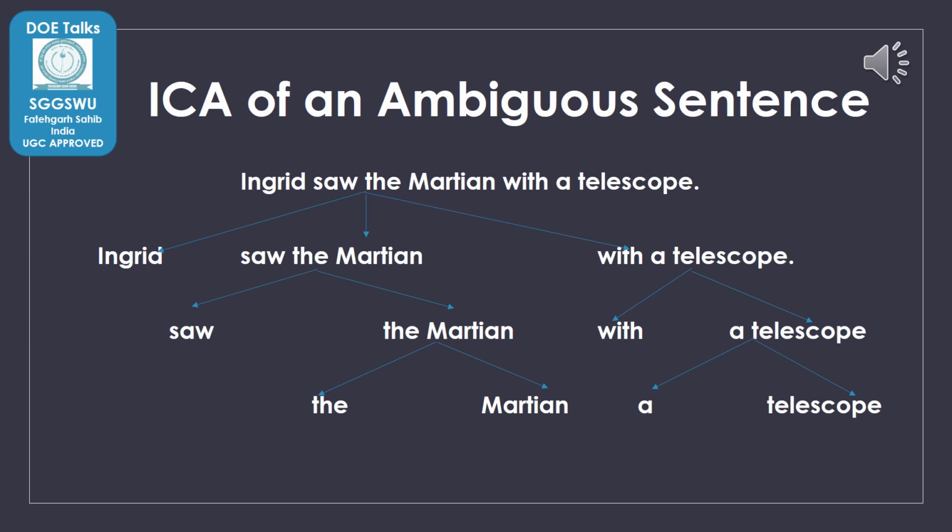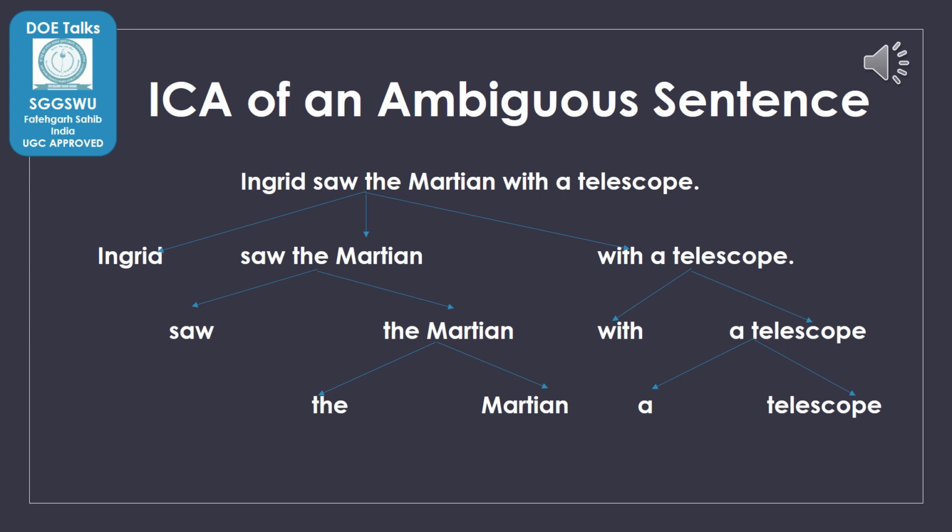So what we will do here is divide the sentence into Ingrid, noun phrase, verb phrase, saw the Martian, and preposition phrase at the very first step, right? So Ingrid, one part, saw the Martian, second part, and with the telescope, third part. Noun phrase, verb phrase, and prepositional phrase. Now Ingrid is only the noun head in that noun phrase. We are left with the verb phrase saw the Martian.